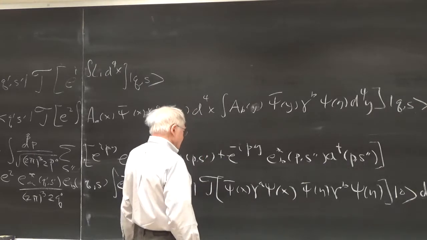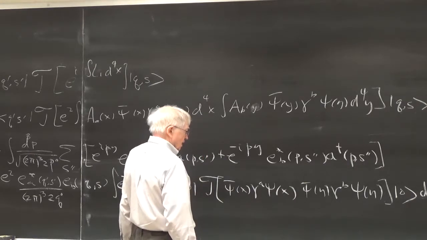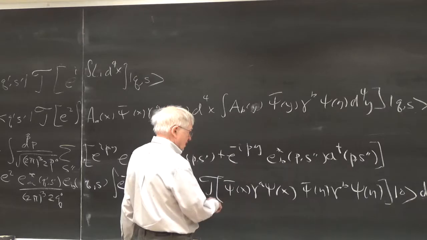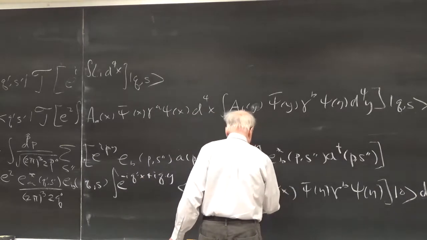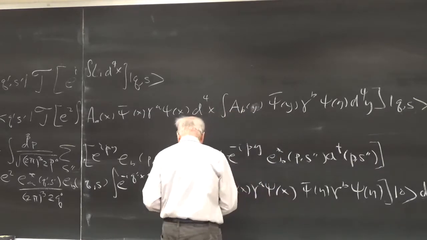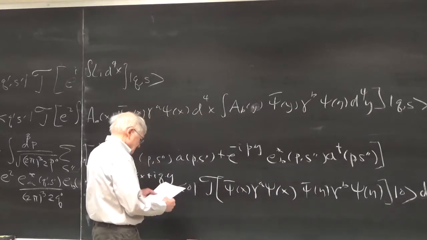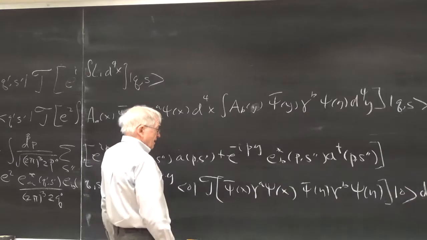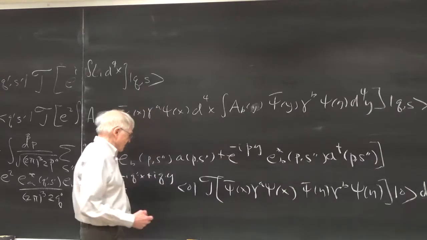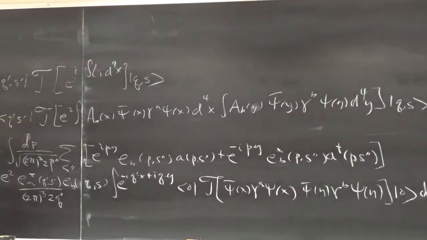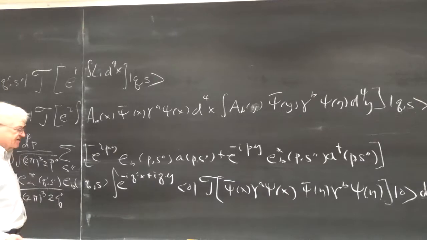And if we do that, we wind up with 1, 2, 3 minus signs, and that extra minus sign is the minus sign that Feynman mentioned a long time ago when he said if you have a closed fermion loop, you have a minus sign.